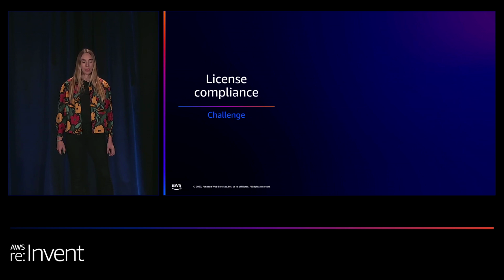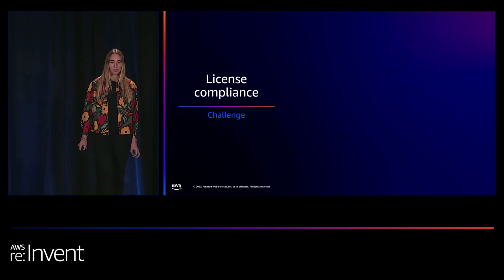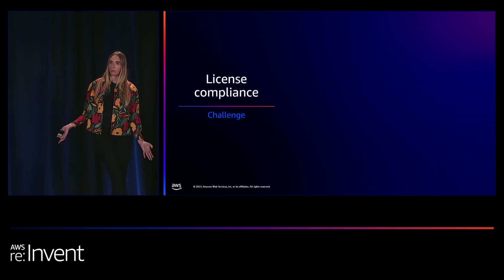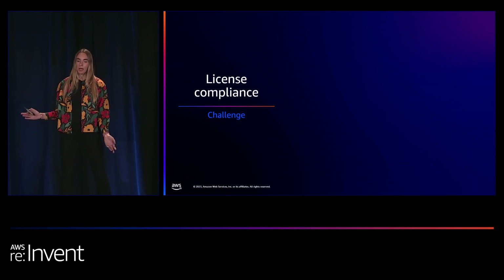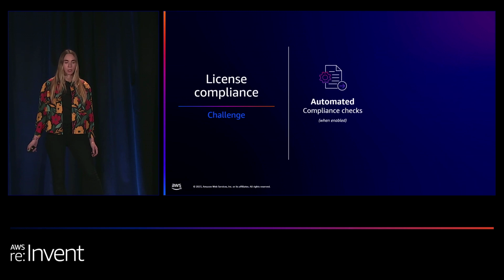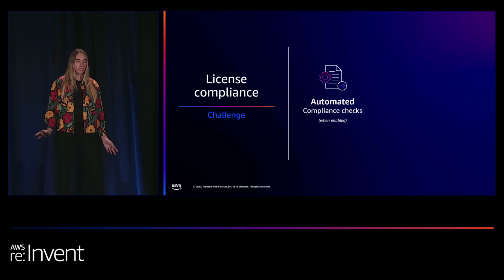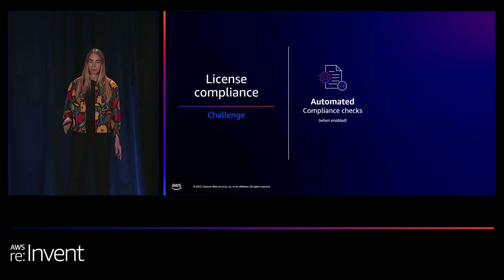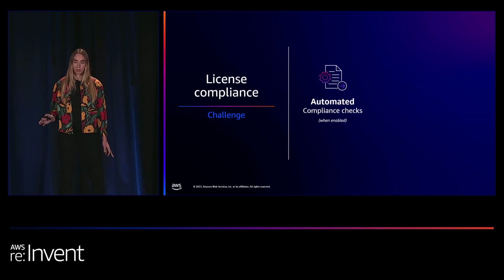So moving into our first challenge, license compliance, customers are asking again, am I complying with software licenses, and how do I track license changes? Yocto Project actually has an automated compliance check built in, and when it's enabled, it will check a list of licenses at the time of a build.